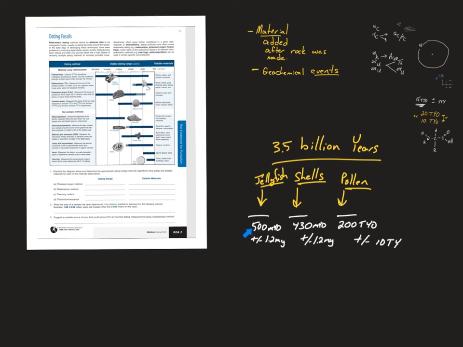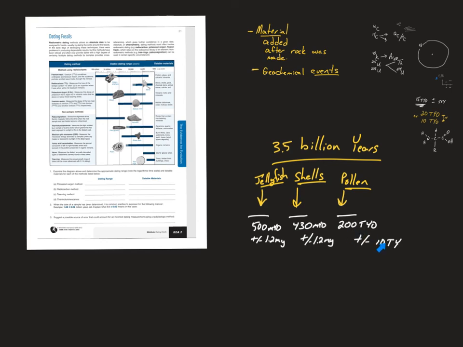If this is 501 million years, or is it 499, or is it 500? Does that really matter when we're talking about millions of years and you're comparing the age of this to the age of this? And again, if this is 429, or is it 431.2, 429.2? Is this 200, or is this 210, or is this 190,000 years old?